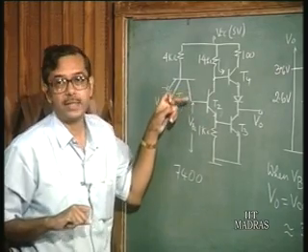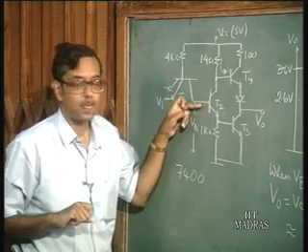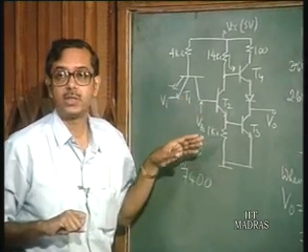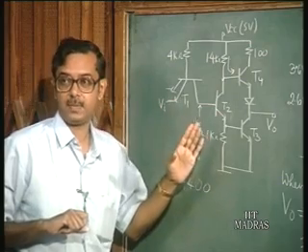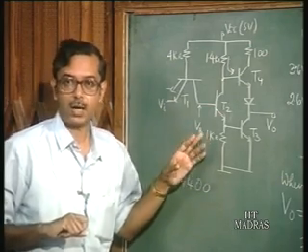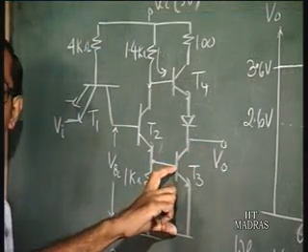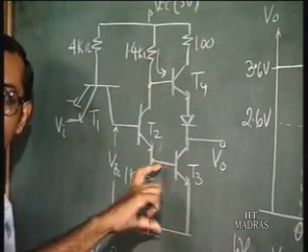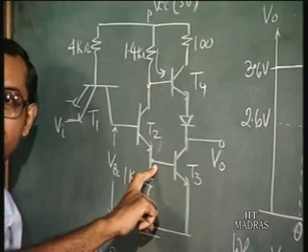And now if you go on increasing VB2 even further, the output voltage will fall and the slope is going to increase even further. Why? Because if you look at this amplifier now, the input of this transistor is coming in parallel with this 1 kilo ohm.